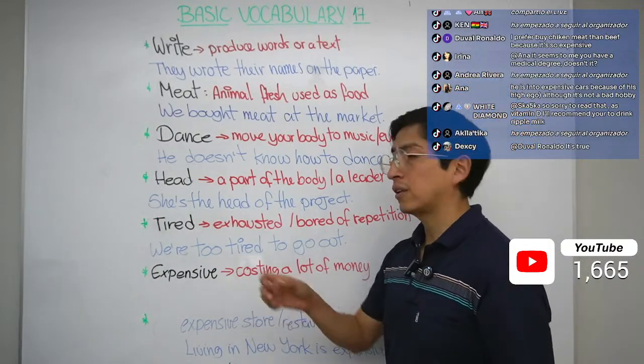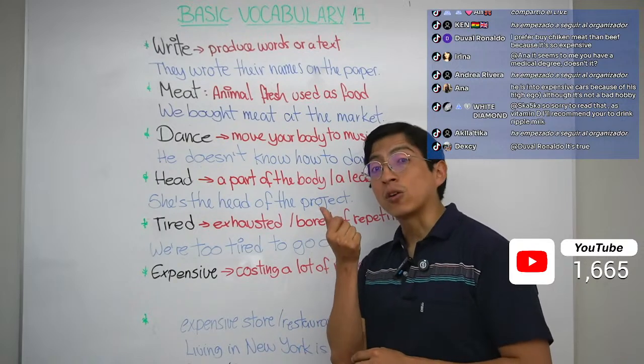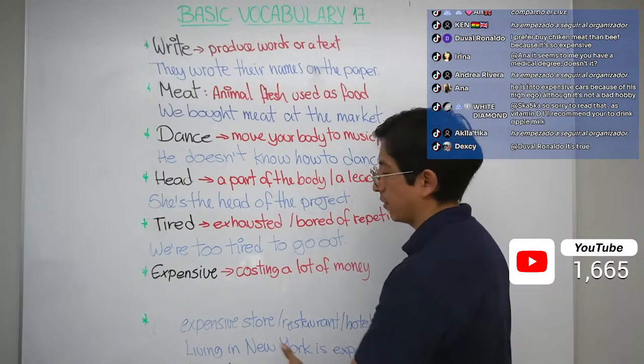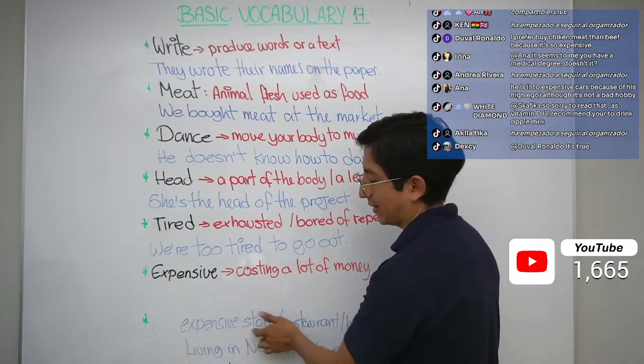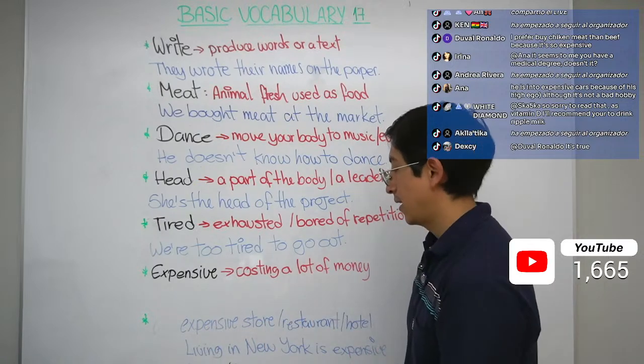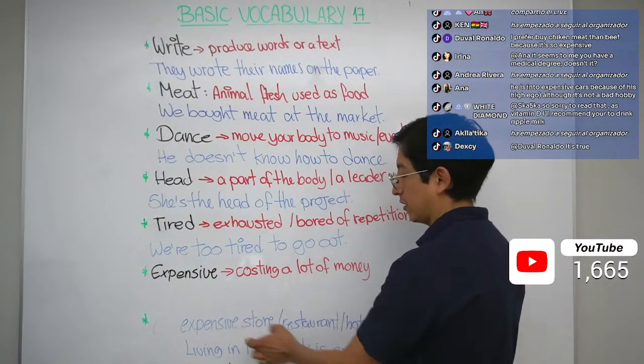Ok, chicos, entonces, cuando hablamos de expensive, estamos hablando de algo que es caro. Caro o costoso. Por ejemplo, hablamos de una tienda costosa, expensive store. Un restaurante costoso, expensive restaurant.